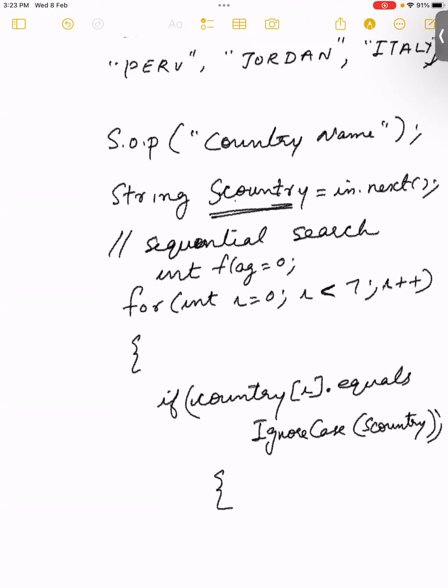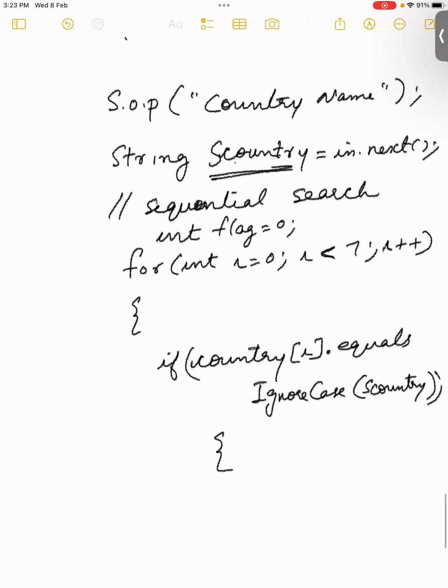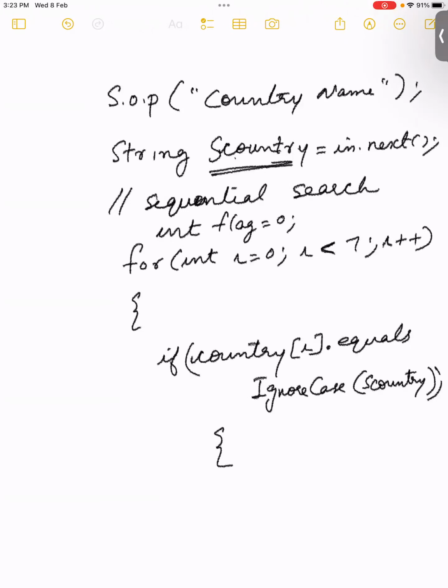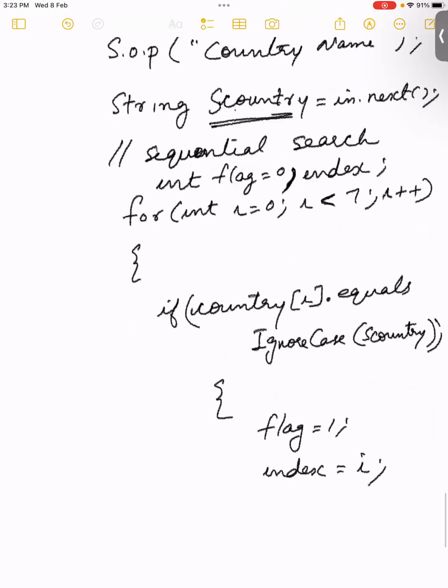I taught you why to have a flag when I discussed linear search. You set the flag to 0 initially, and once you find a match, you set it to 1, and you also keep an index variable. Index is another variable which you need to assign here. Index is equal to i.